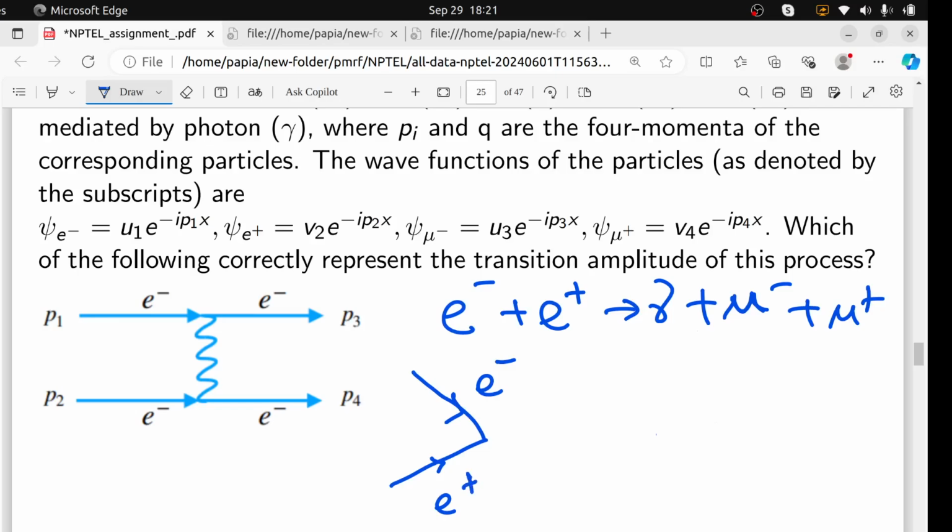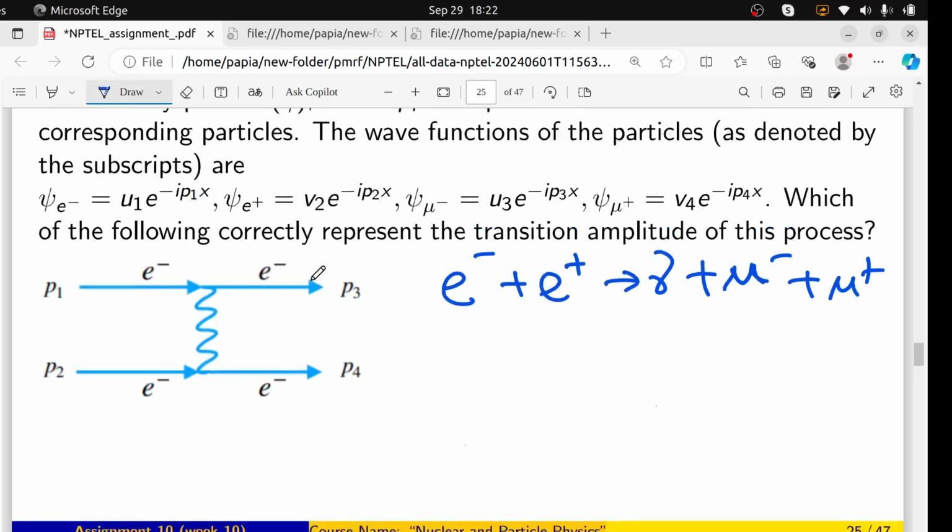Actually for e plus, the arrow should be this side because it's an antiparticle, but the momentum should be in that side only. Okay, maybe let me write here properly so that there is no confusion.